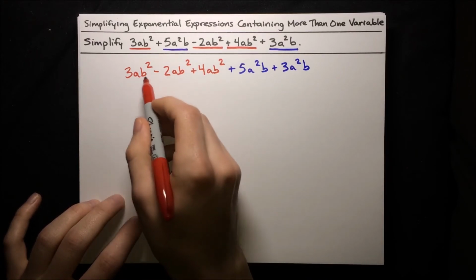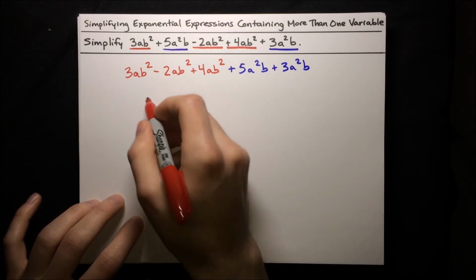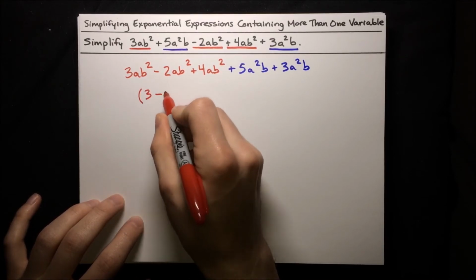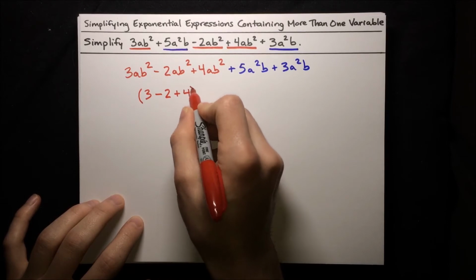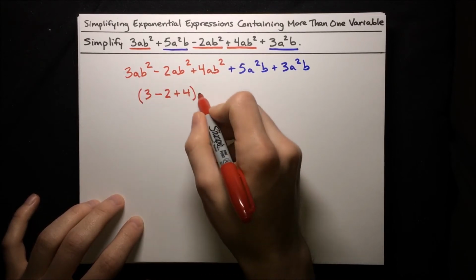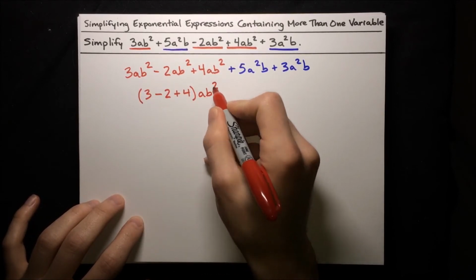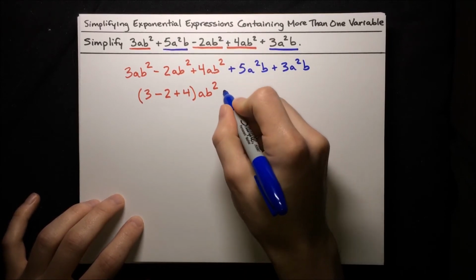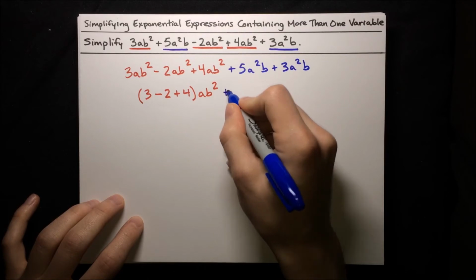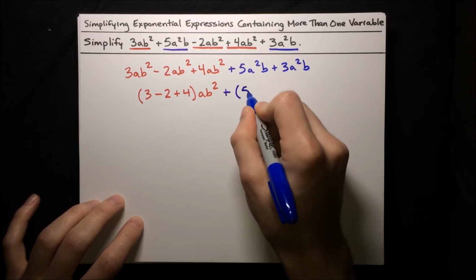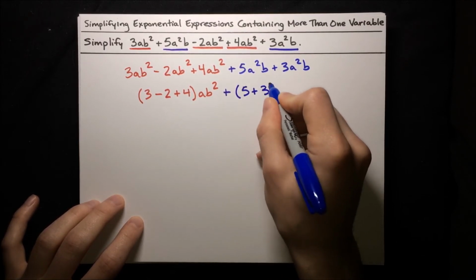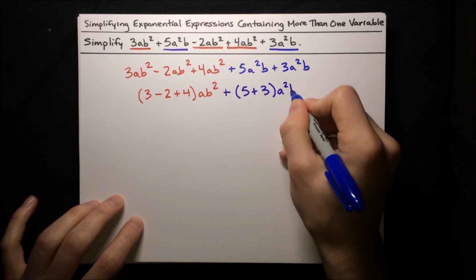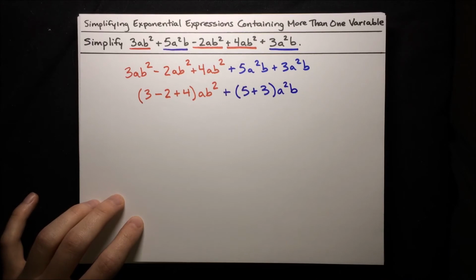So we'll add the coefficients of the ab squared terms. We'll put the coefficients in parentheses, 3 minus 2 plus 4, all times that common variable term, ab squared. And then in blue we'll have the a squared b coefficients added together. So plus parentheses 5 plus 3, and then the common variable term, a squared b. Okay, so now we just need to simplify this.